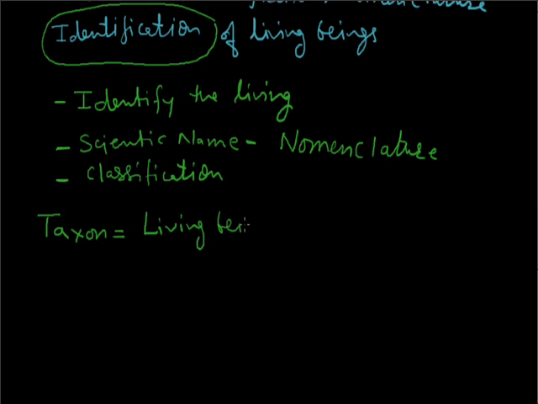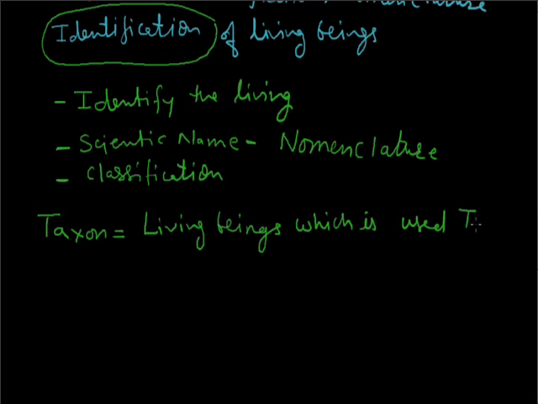For example, we study a tree, a plant or an animal. So a tree is a taxon, an animal is also a taxon and a plant is also a taxon. Taxon means a living being which is used for study.